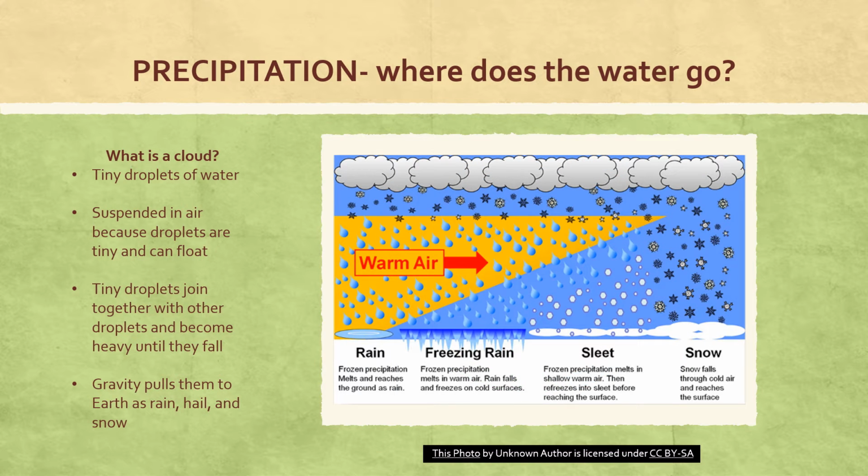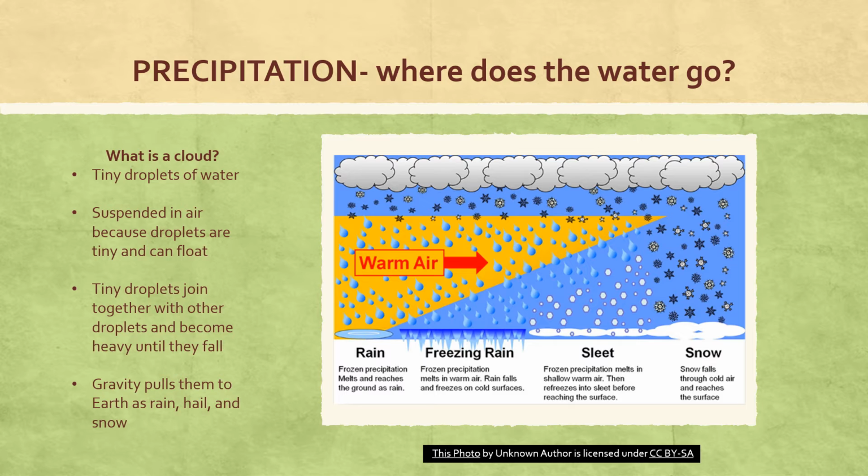Let's just start with precipitation, or rain, or snow, sleet, freezing rain. All of that is precipitation, and it all falls from the sky. It falls from the clouds, but what is a cloud? A cloud is actually a bunch of tiny droplets of water.